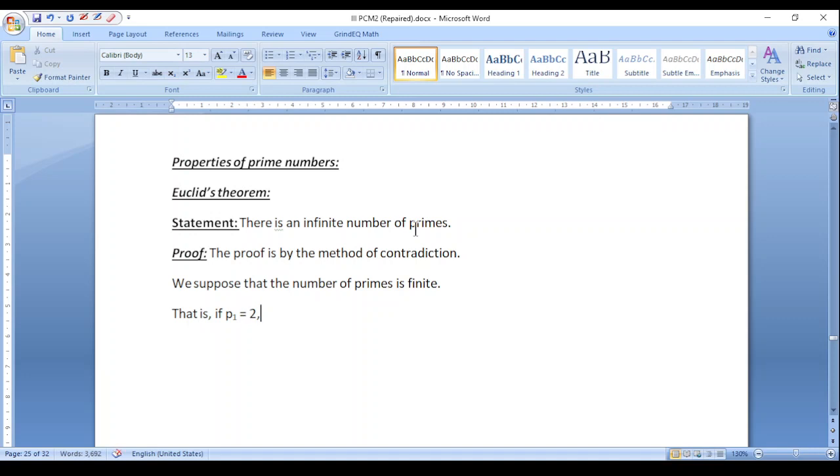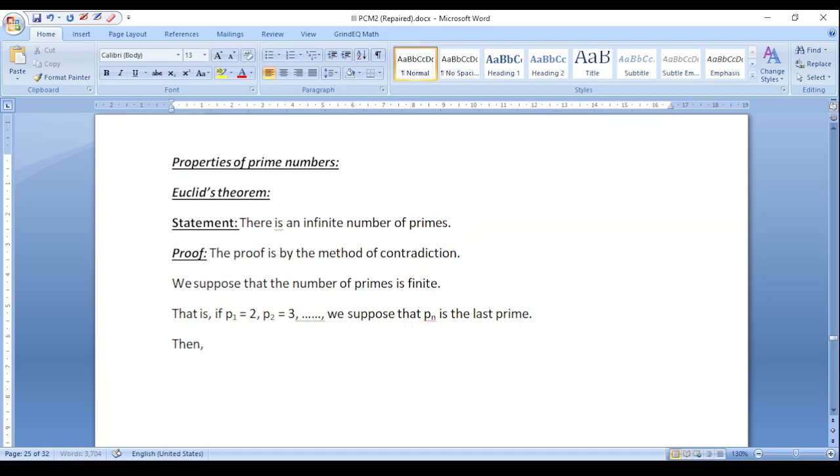Same way, say if we take P2 to be the second prime, which is 3, and so on, we suppose that Pn is the last prime. Okay, so that means the list P1, P2, P3, etc. Pn contains all possible primes, obviously, and Pn is supposed to be the last prime, if possible.